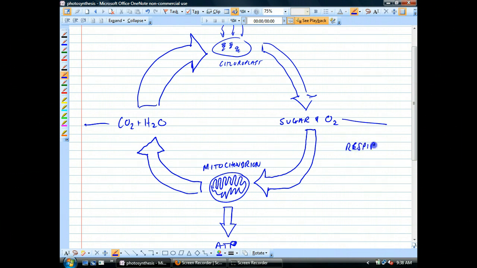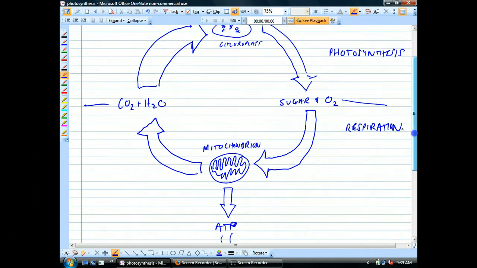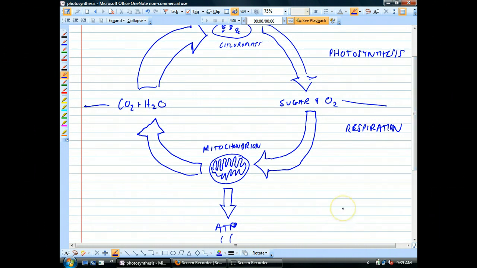That's what we were talking about on the bottom half of this picture. The bottom half of this picture is respiration. Now we're switching up to the top half, to photosynthesis. So respiration was the bottom half, photosynthesis the top half of this drawing. You with me?